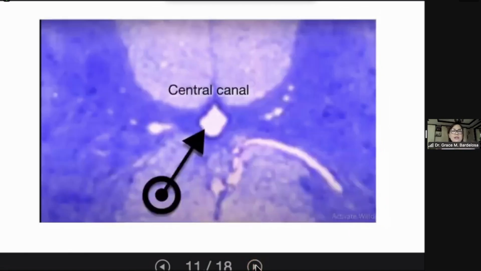Okay, still with the spinal cord, at the center is a canal where CSF passes through. And this central canal is lined by glial cells. Remember, class? Glial cells are supporting cells of the nervous system.